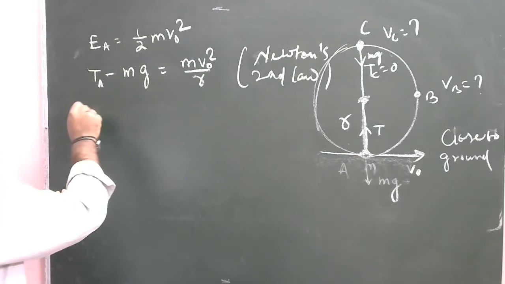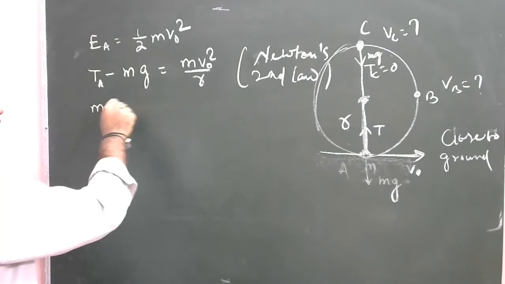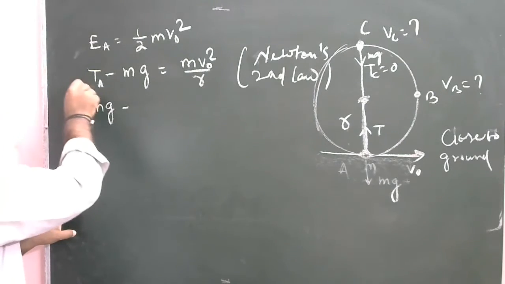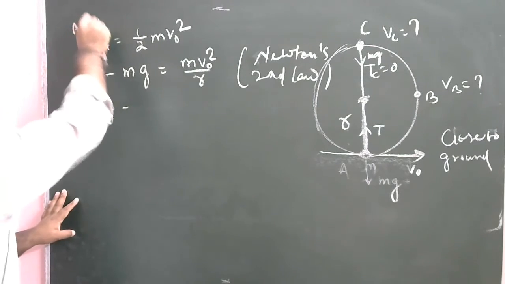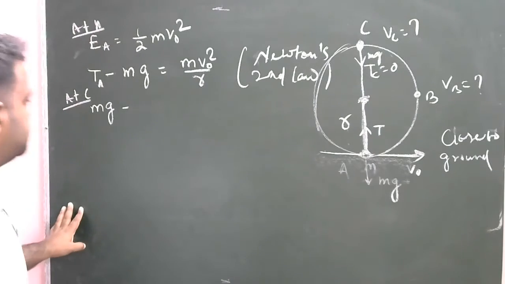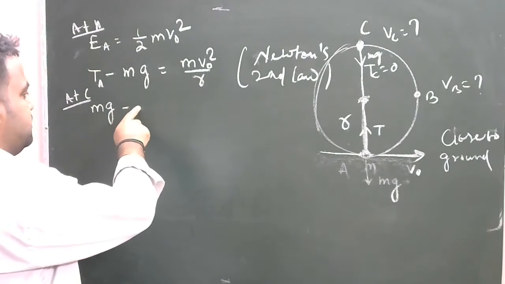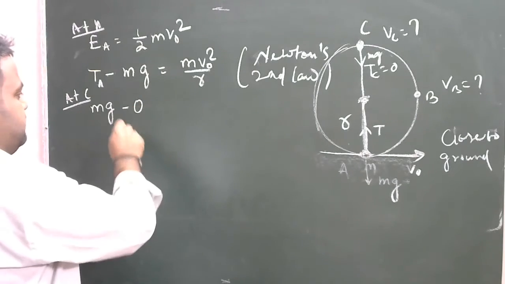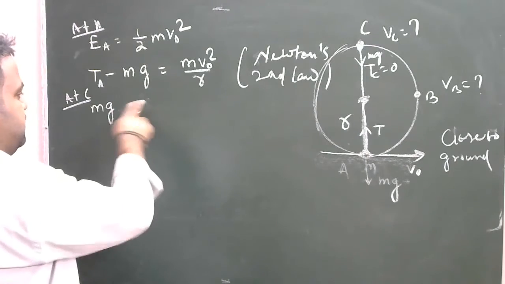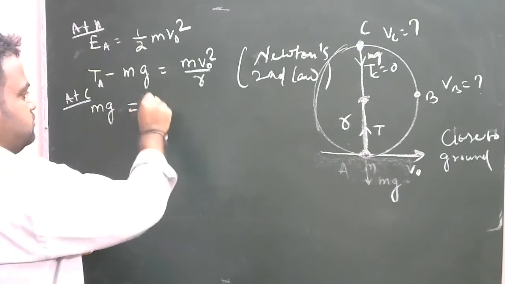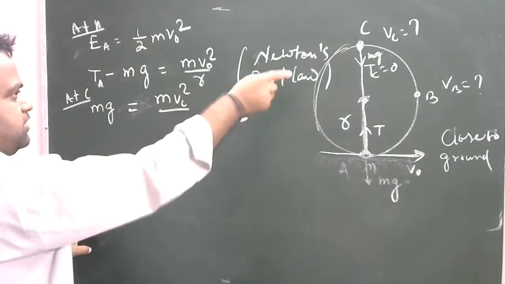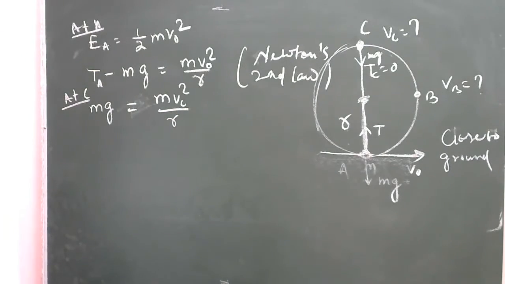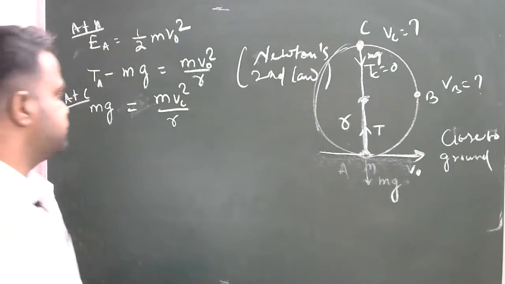So at position C, mg minus Tc is zero. Here Tc and mg are in the same direction. Tc is zero, so I am directly writing mg is equal to mvc square upon r.